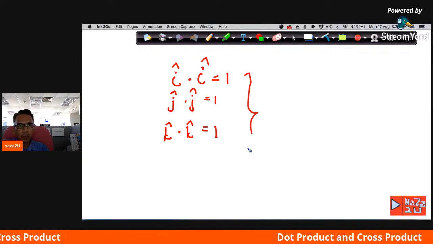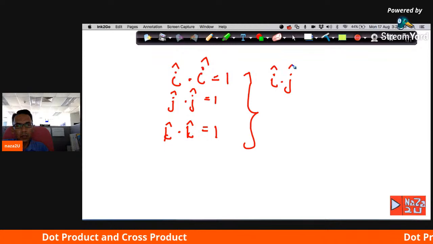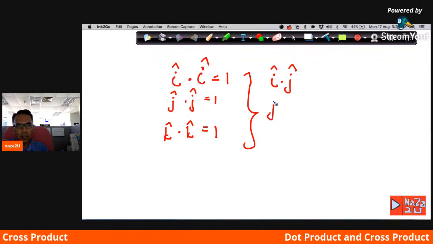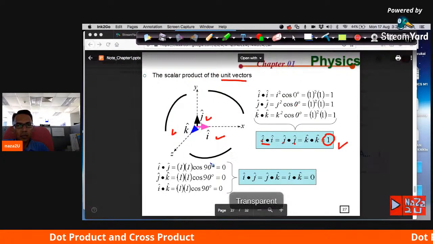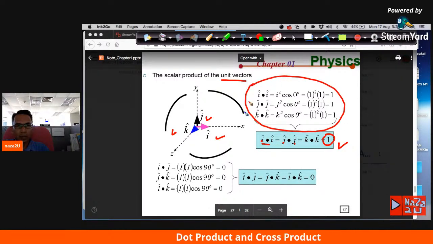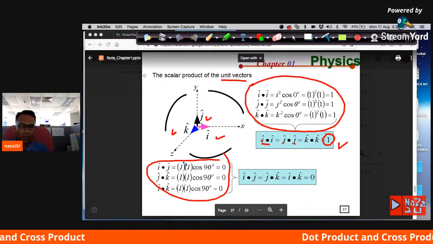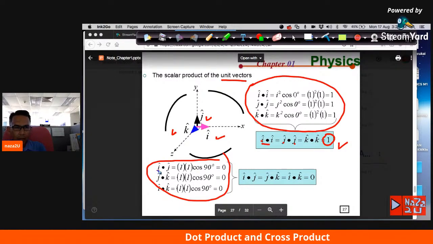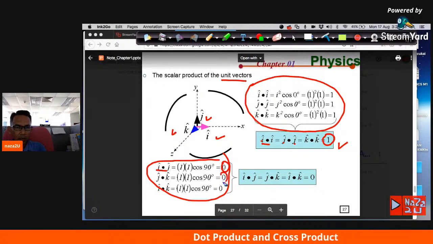But what happens is, unit vector i dot unit vector j, or j dot k. So if you look at the diagram here, we have i dot j is equal to 0, j dot k is equal to 0, and i dot k is equal to 0.